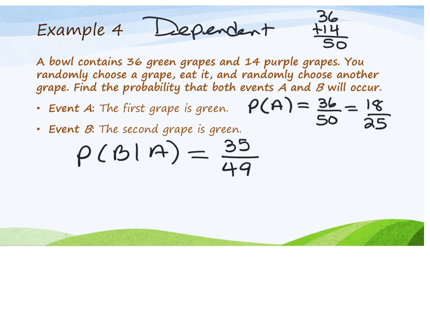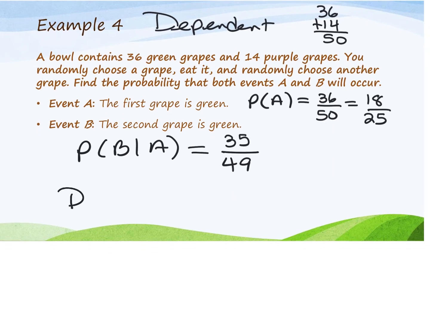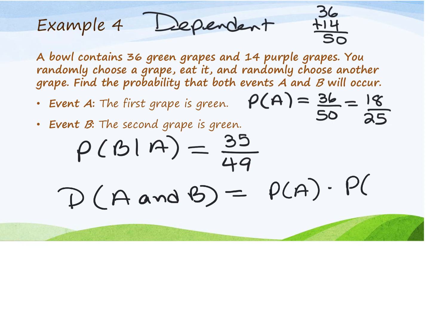I'm now going to do the probability of A and B. Remember, that is the probability of A times the probability of B given that A occurred. The probability of A was 18 over 25. I need to go back here and reduce this one as well. 35 over 49, I can divide them both by 7, and this will reduce to 5/7.